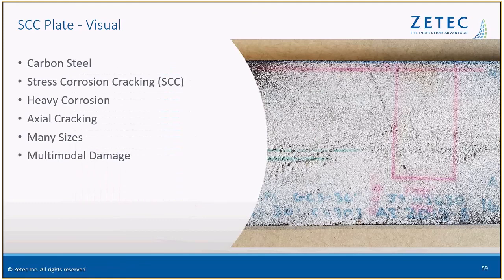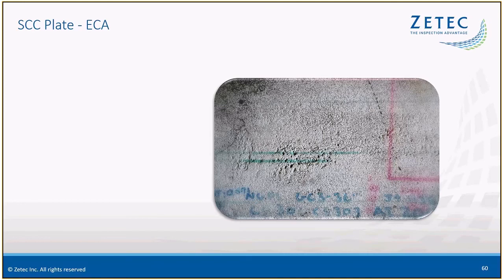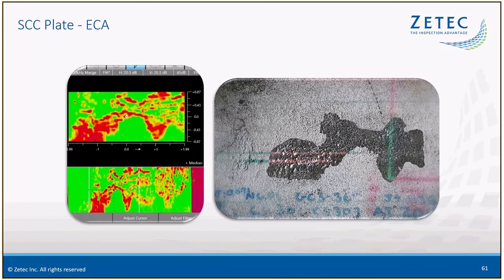But with stress corrosion cracking, sometimes it's not just cracking. You can have multimodal damage where you're getting heavy corrosion and cracking occurring at the same time and in many different sizes. So you can see here, there's a lot going on, but it's not quite clear exactly what's going on. So you take that part and you scan it with eddy current array, and you can see a large number of indications all over the place.